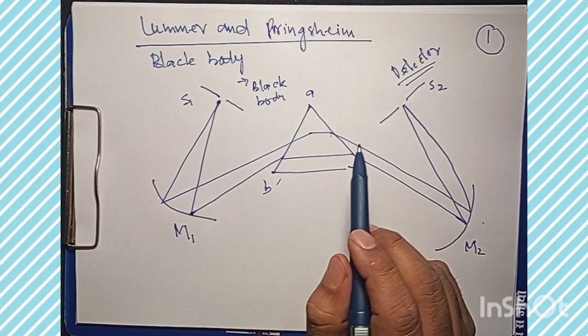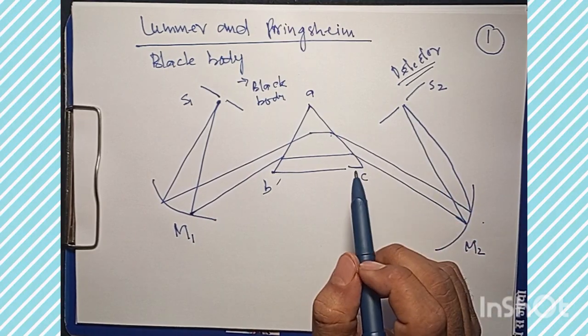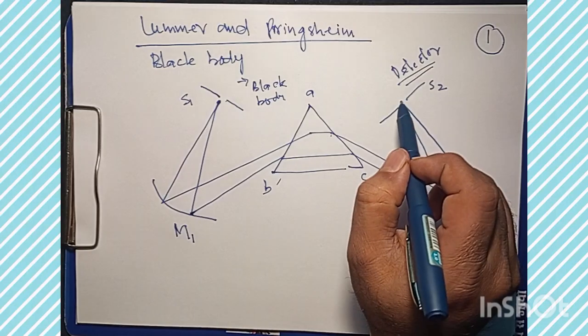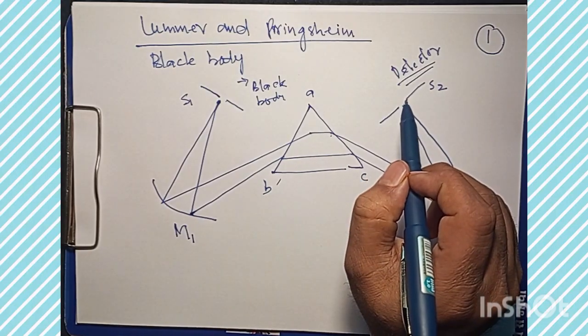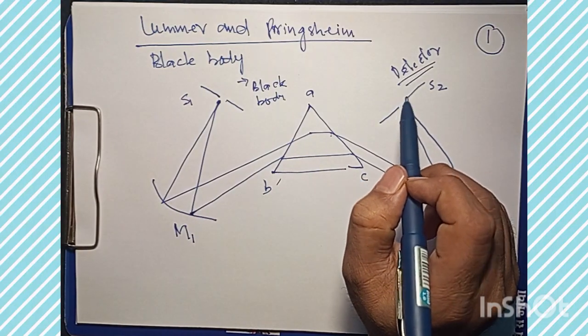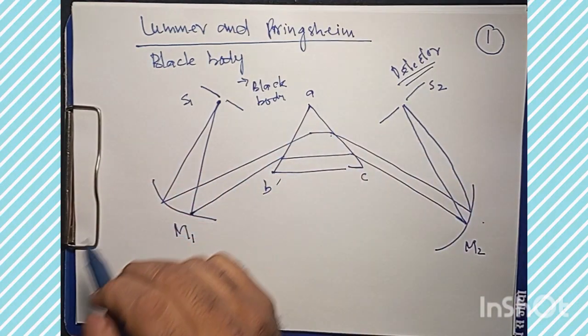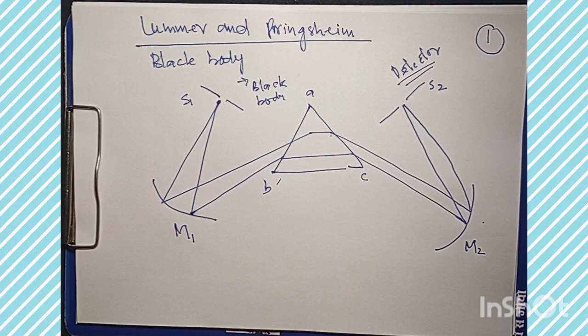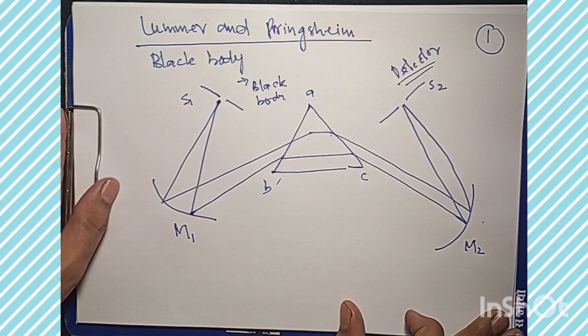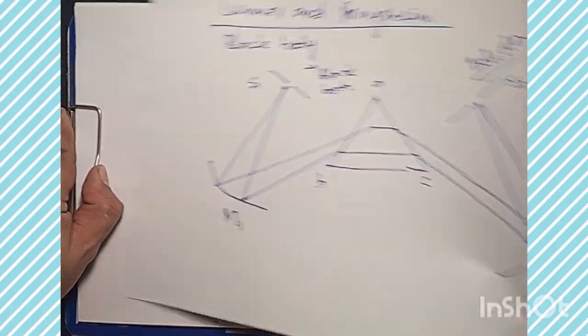The intensity of each line is proportional to the deflection measured by the galvanometer. From this experiment, they came up with certain results, and we would like to draw these results and see what the outcomes were.